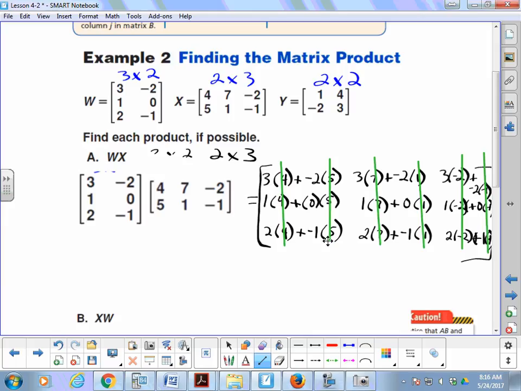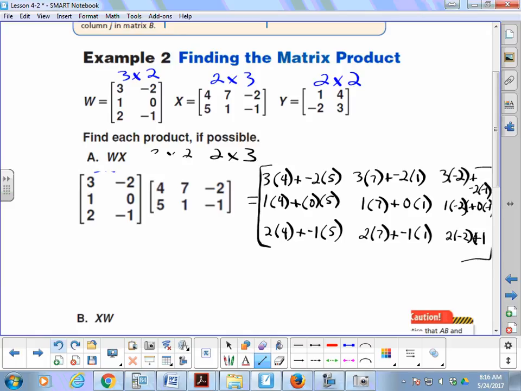So those are all the same, and you should see that pattern. And also horizontally, 3, negative 2, 3, negative 2, 3, negative 2, 1, 0, 1, 0, 1, 0. So the rows and the columns are going to be like that.